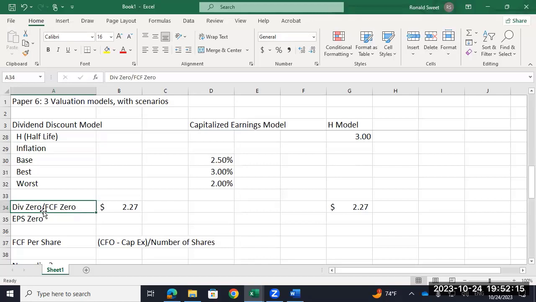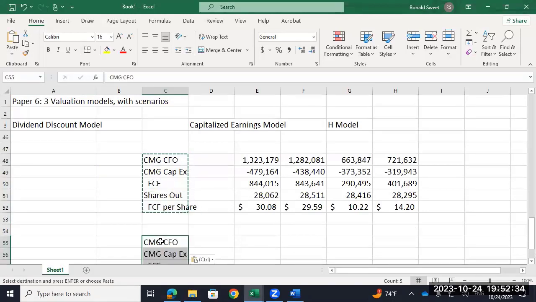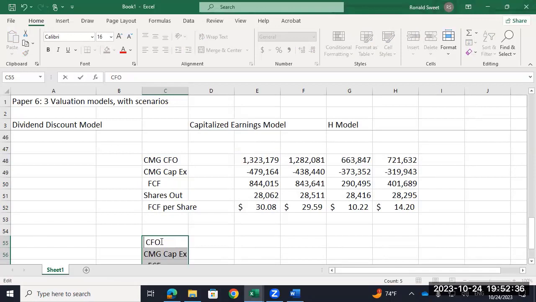So what's the theory on these models? The theory in the dividend discount model is firms pay out their free cash flow as dividends. But if Walmart's not paying their free cash flow out in dividends, then that's not a good number. So let's try the same thing here with Walmart and see how radically different it is.